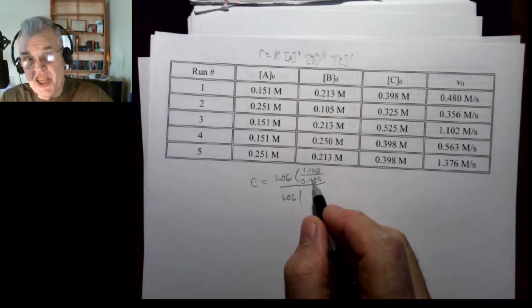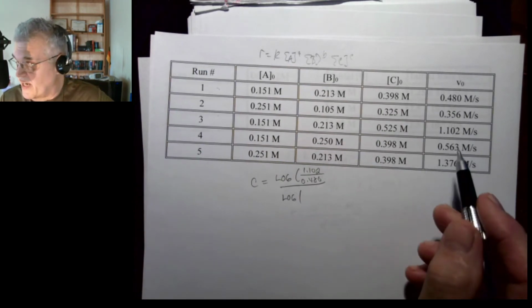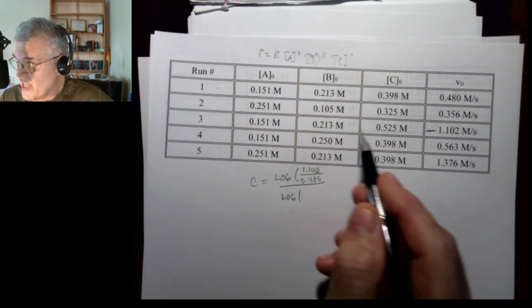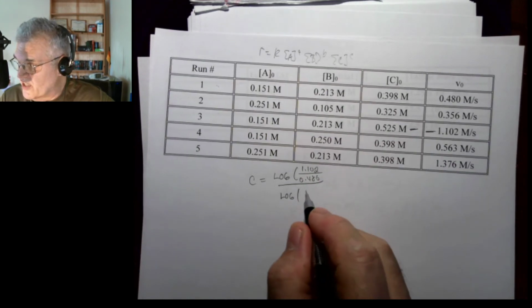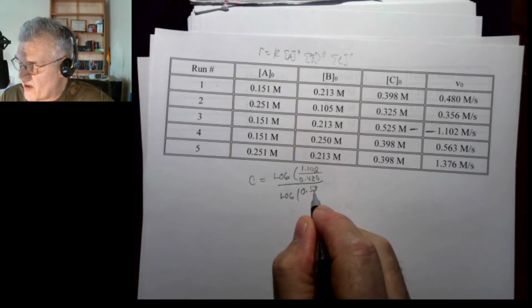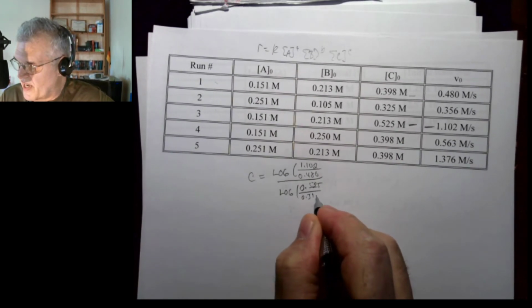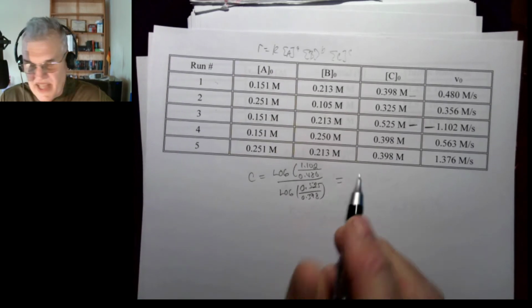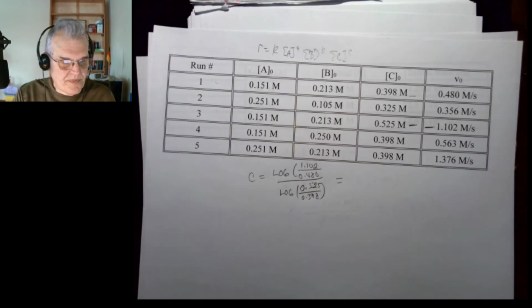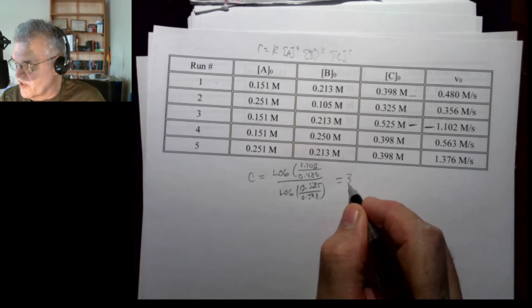You just got to make sure you keep the concentration with the rate. Since I use this rate first, and we're doing C, I have to use this concentration on top down here, 525 divided by my 0.398. And if I did that correctly, what should you get? You should end up getting a value of c equals 3.